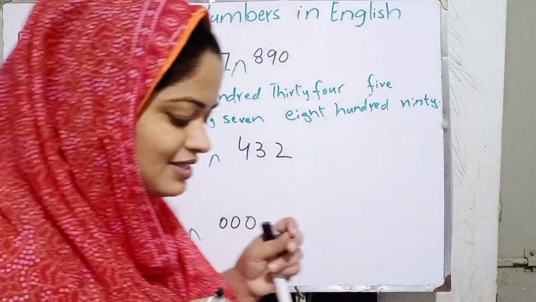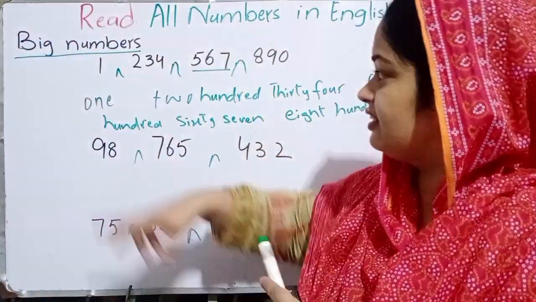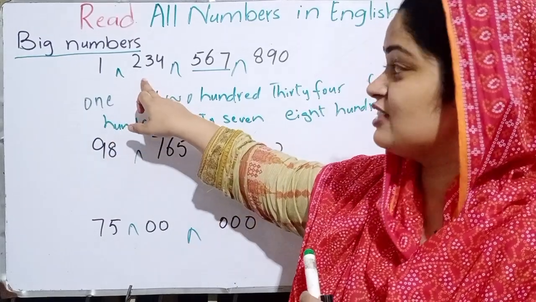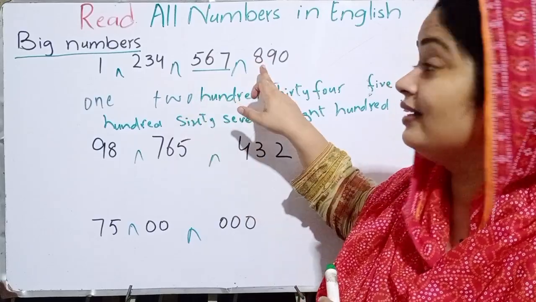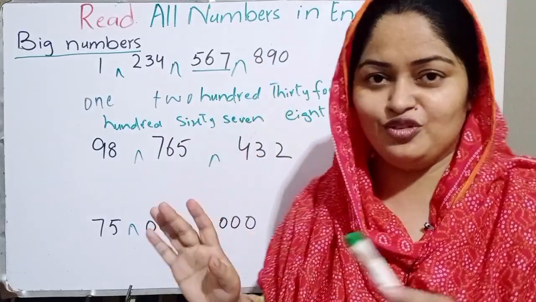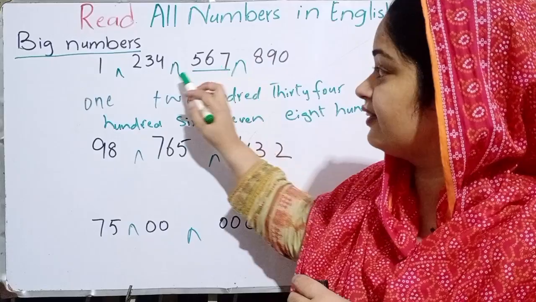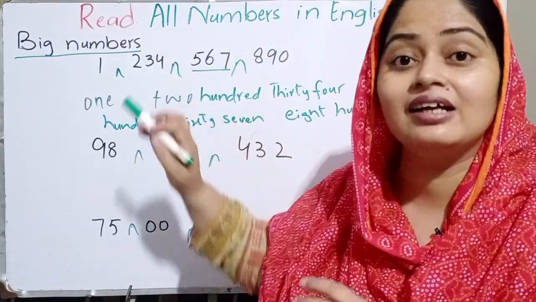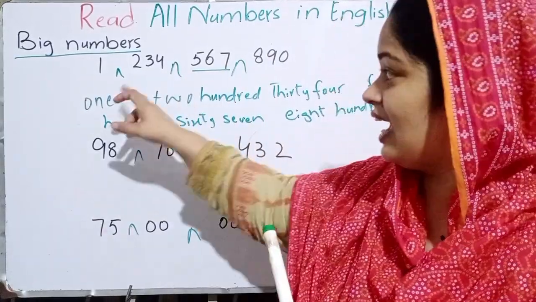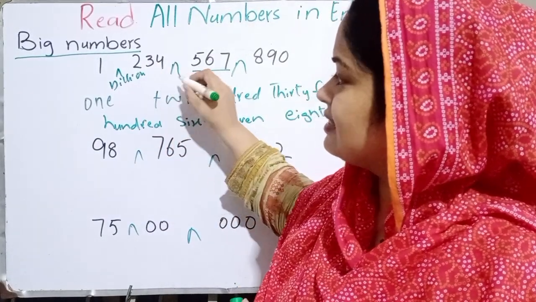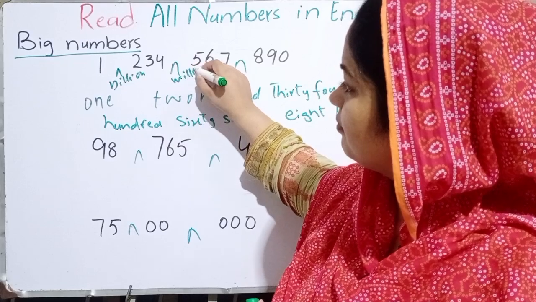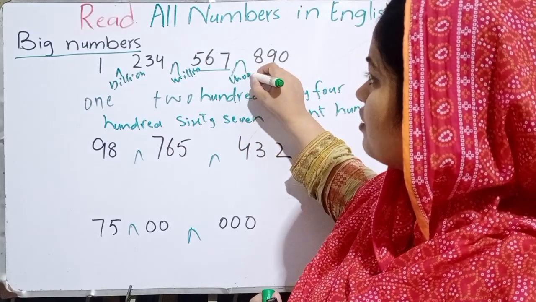Now the trick is here. You can understand that this is 1, this is 234, 567, 890. Now the trick is, if there are 3 gaps, the first gap is billion, the second gap is million, the third gap is thousand.